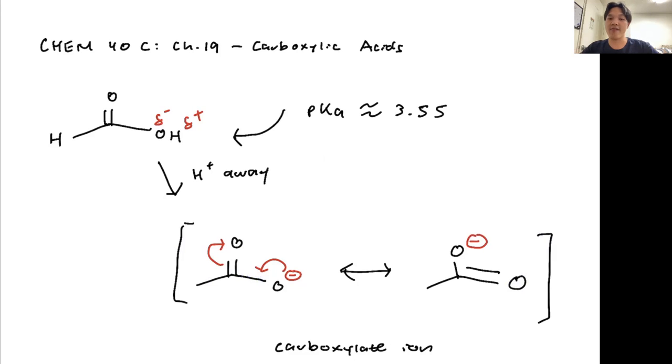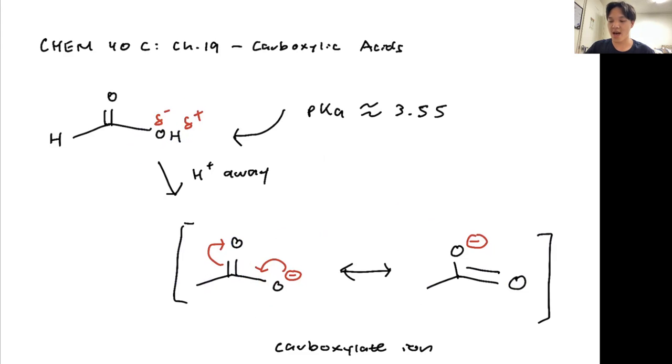And you learned in 40A and 40B that things that make good acids are stabilized and stable conjugate bases, right? So conjugate bases just means you're taking away that H. And in this case, this is stabilized through resonance. And because it's stabilized through resonance, that makes this a stable conjugate base of a carboxylic acid, right?